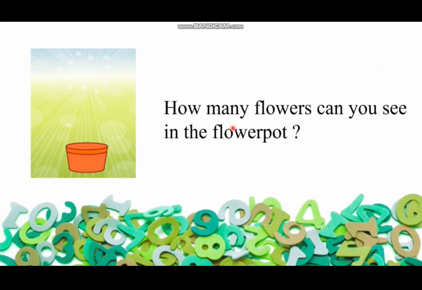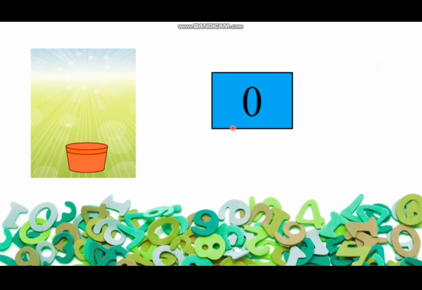So what is the number that denotes nothing? Yes, it is 0. So there are 0 flowers in the flower pot. So children, you are already aware of the number 0. And what is the meaning of 0? 0 means nothing.